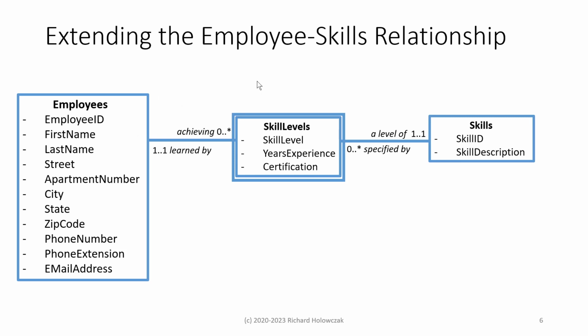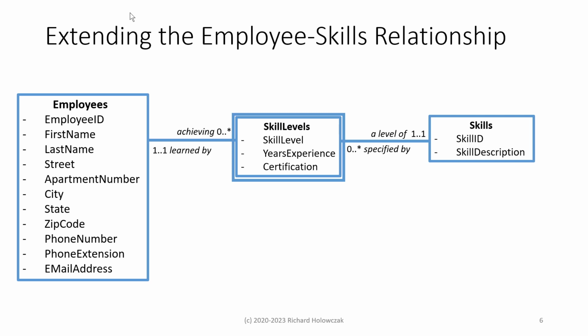Okay, here's one example of a way to expand our employee skills relationship. If you remember from our lecture video part 2 on ER modeling, we talked about how any many-to-many relationship can be recreated as two one-to-many relationships. Some of the things that we'd like to know about an employee with their skills might include the skill level.